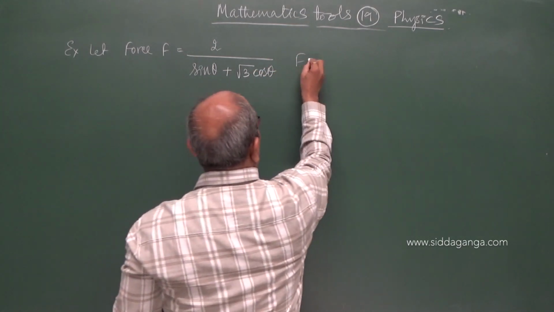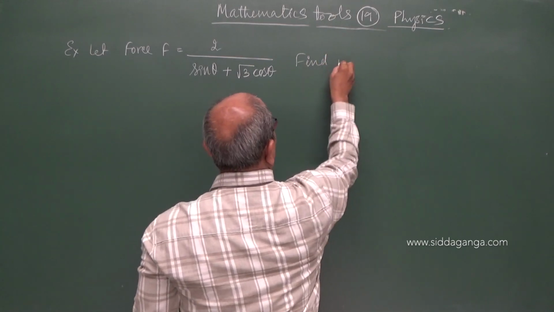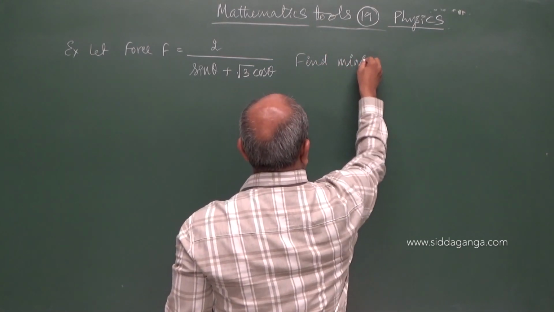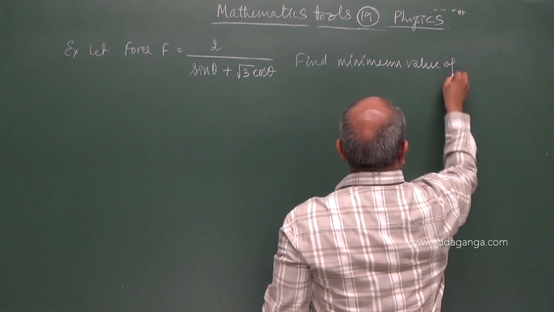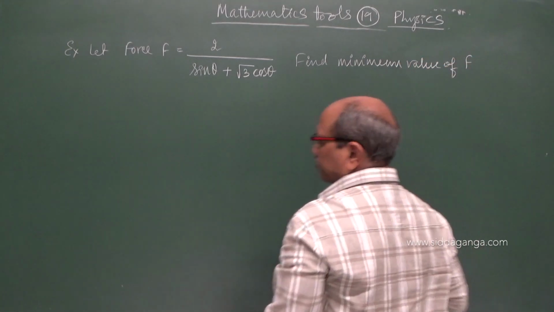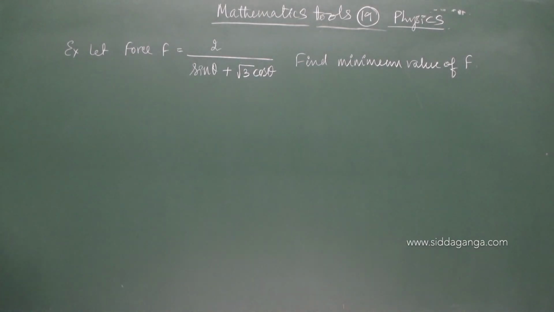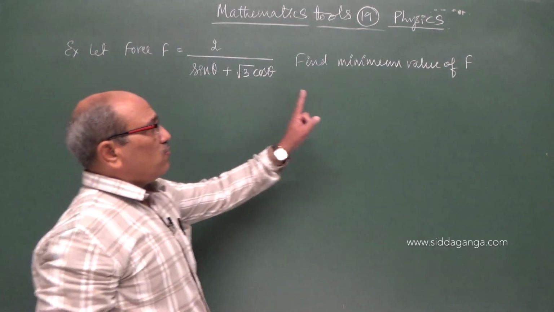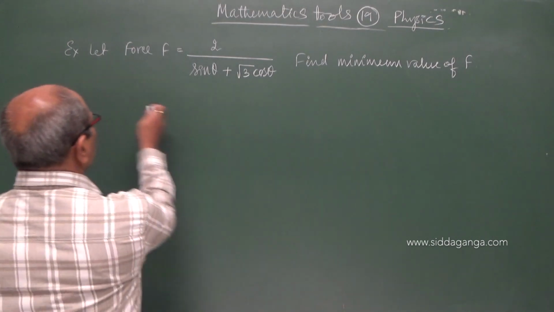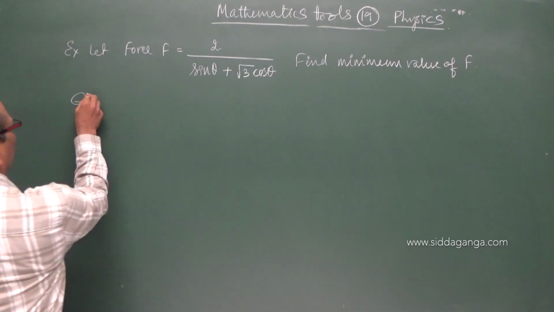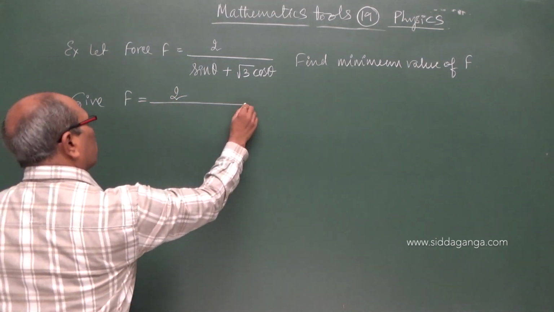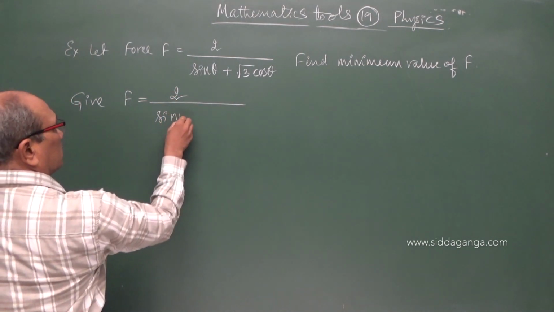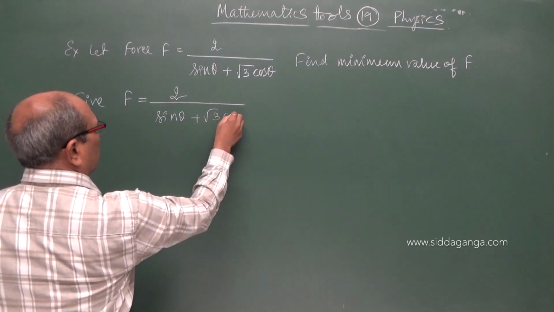Find the minimum value of F. You are given F is equal to 2 upon sin theta plus root 3 cos theta.